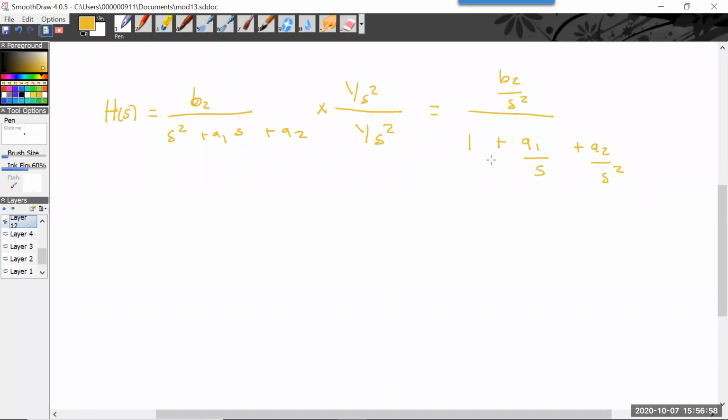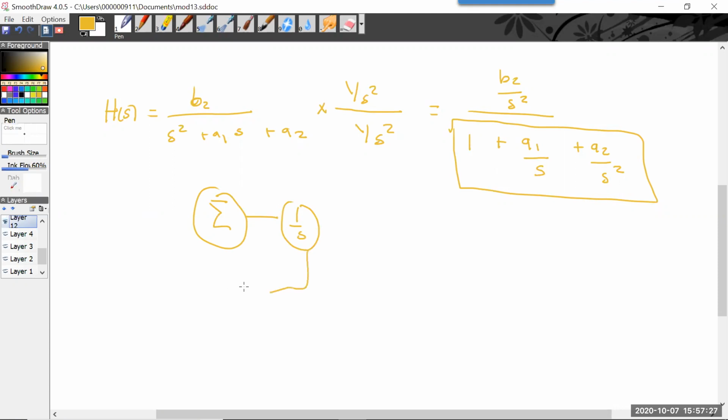Now, the denominator is how you build the signal flow graph from here, where you just have a summer. And that first constant, there's no integrator. It just comes right out of the summer. Then I have 1 over S, that's the S, but then I scale it by A1.